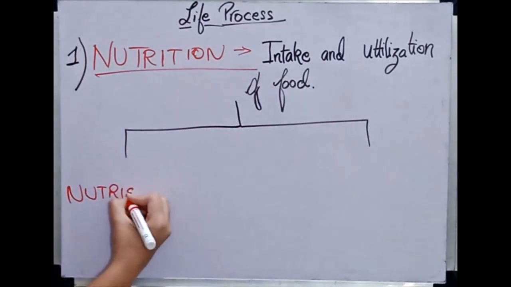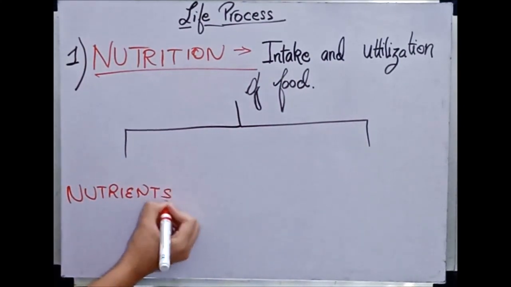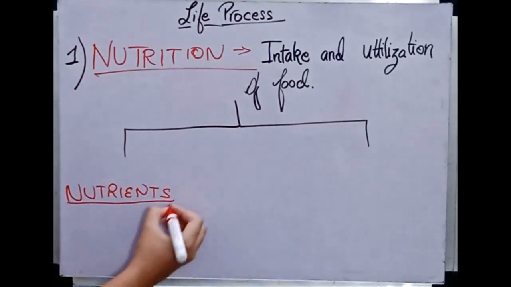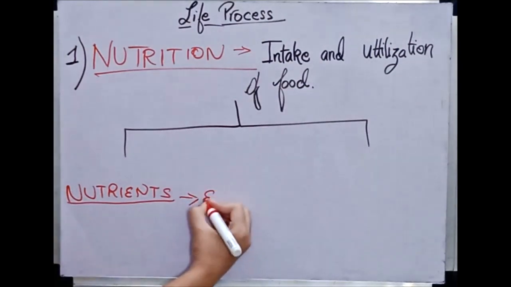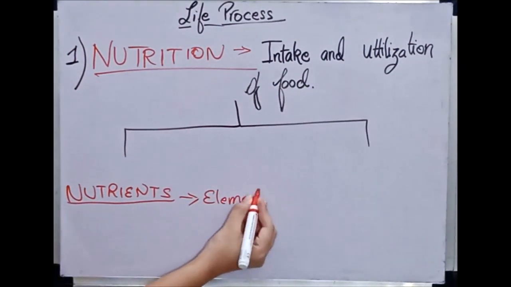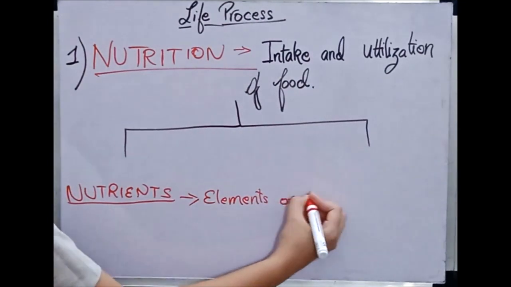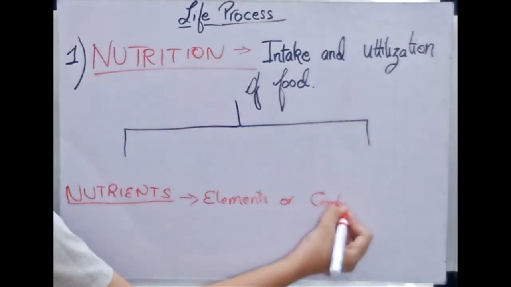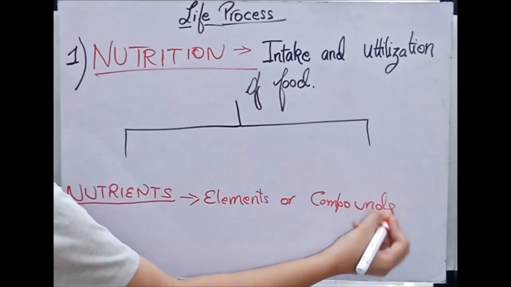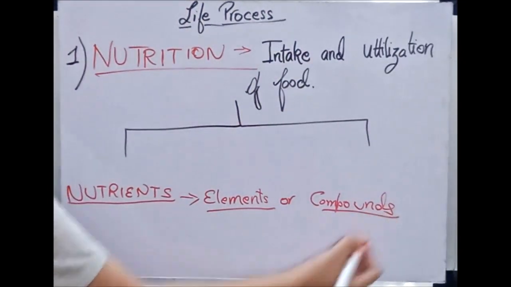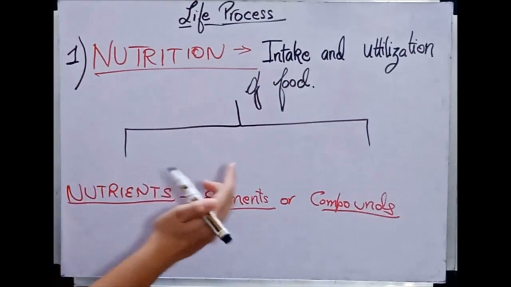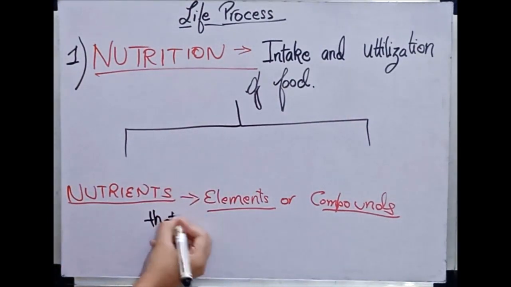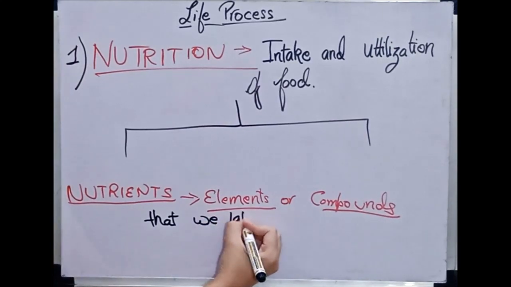Now here comes the term nutrients. Now what does this nutrient mean? So nutrients are nothing but basically the elements, or you can say compounds. Now, I don't think I need to tell you what elements and compounds are, as we have learned in our previous classes as well and in chapter 1 of chemistry. Elements or compounds that we take from the environment in the form of food.